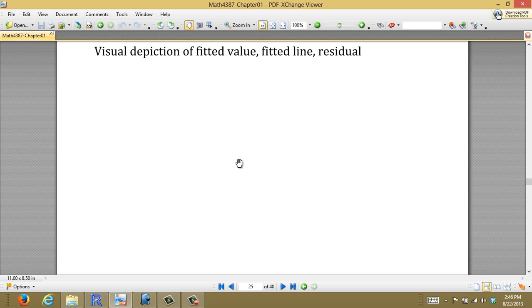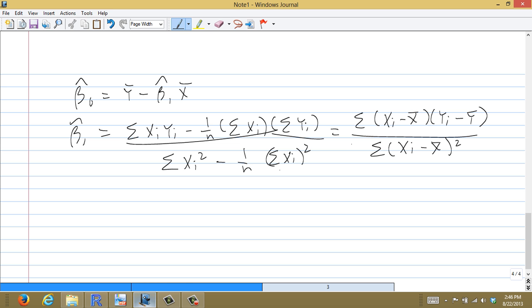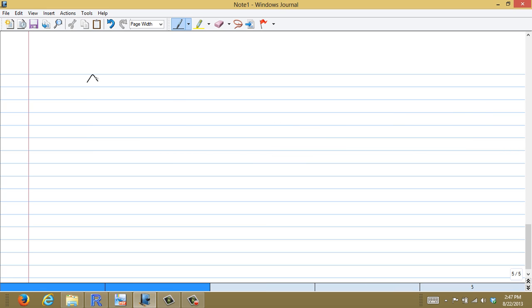If you're wondering exactly what these are, let's draw a picture of this. Let's say we have some data similar to the data that we have already been working with. So we'll have 4 observations there.